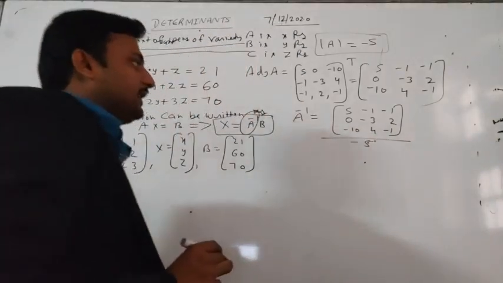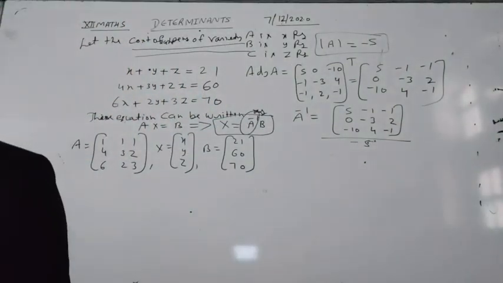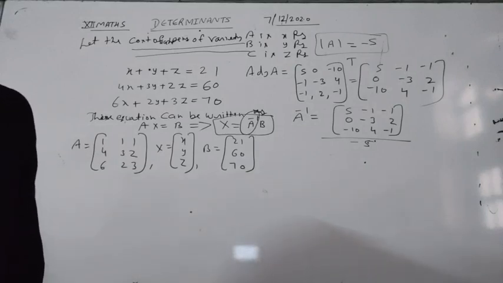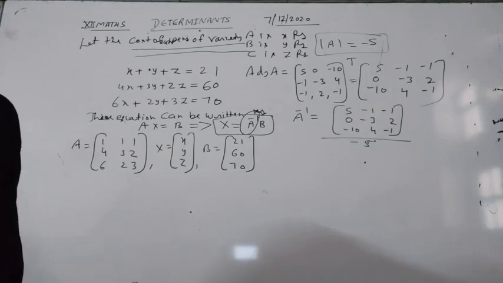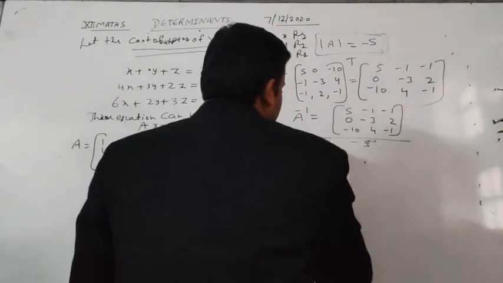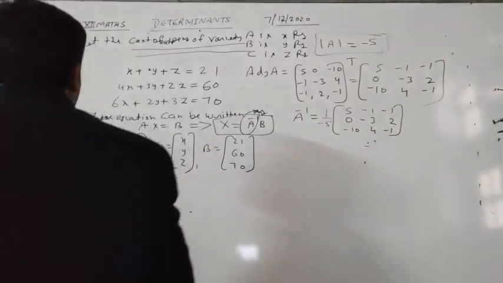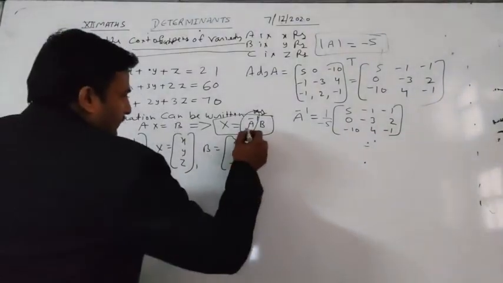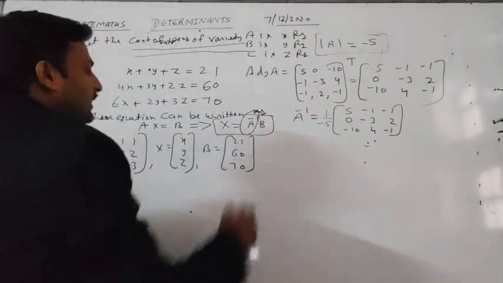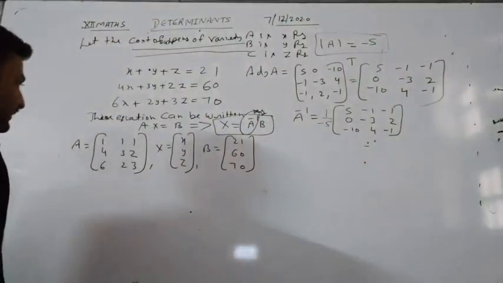Now we have found our A inverse, 1 by minus 5 times the adjoint. Now we will put the value in this equation, X equals A inverse B, and comparing both sides, we will get our x, y, z easily.